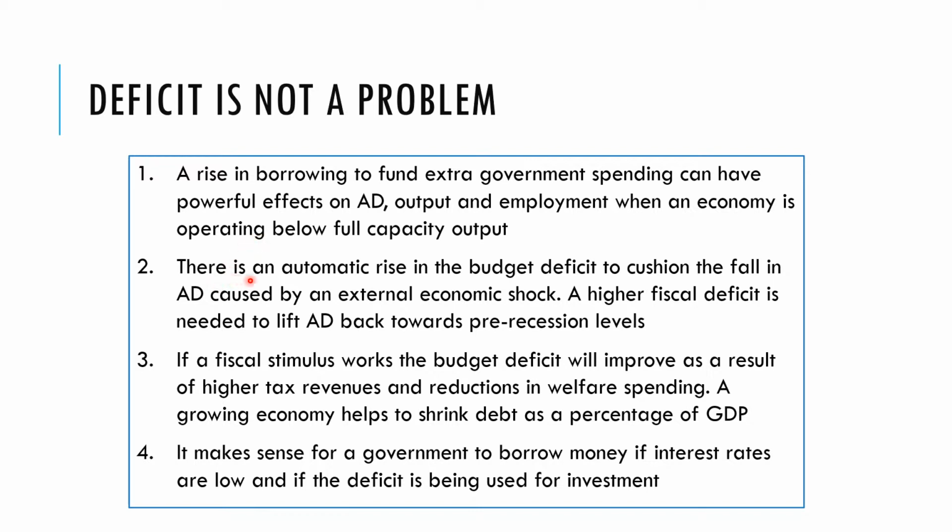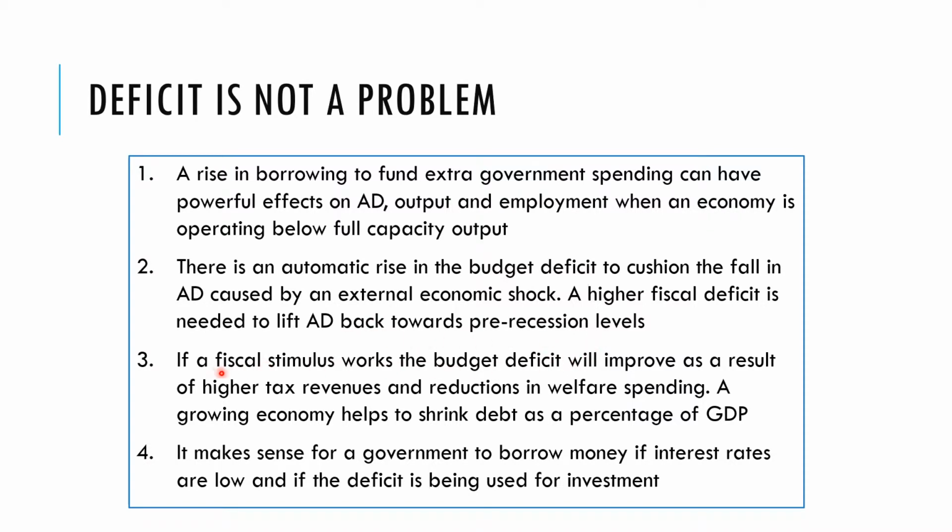Often we would expect a deficit to occur to cushion the fall in AD that is caused by an external economic shock. For example, the fact we have had a recession recently and not a particularly strong recovery would suggest that there should be a budget deficit, with government spending higher than taxation to get us back towards pre-recession levels.